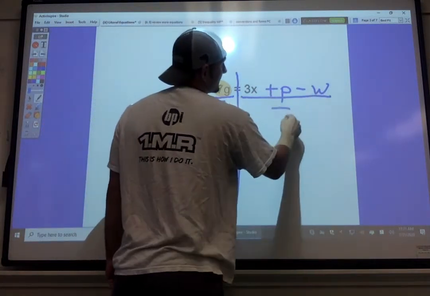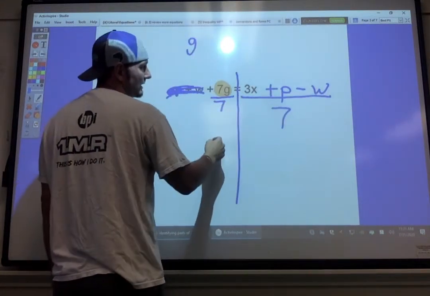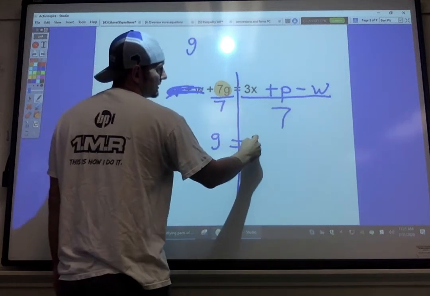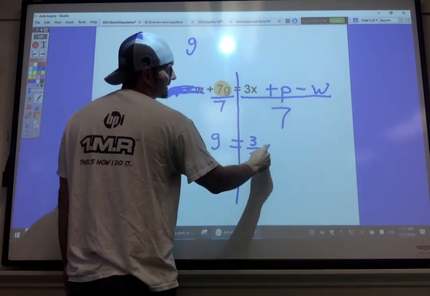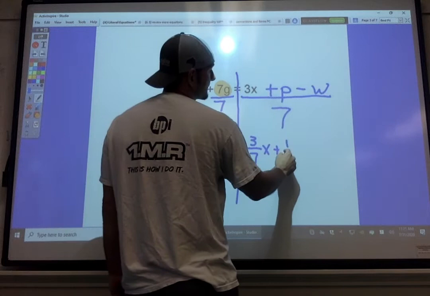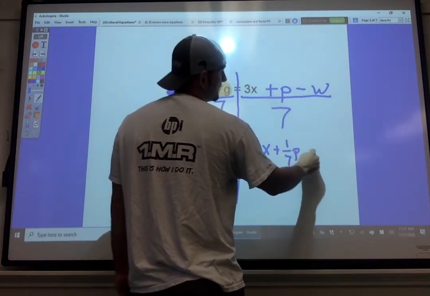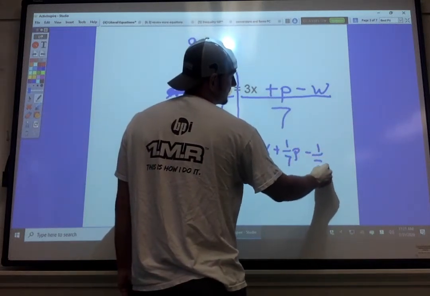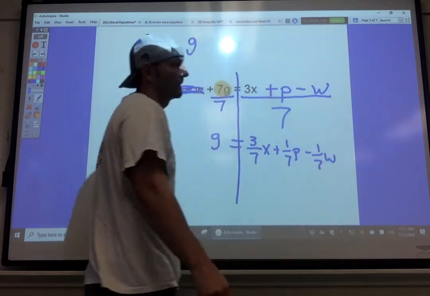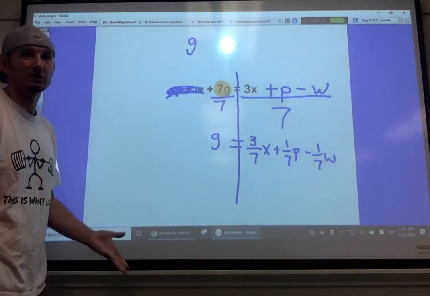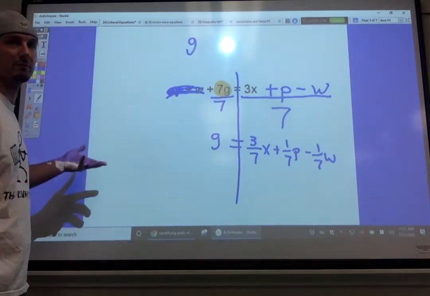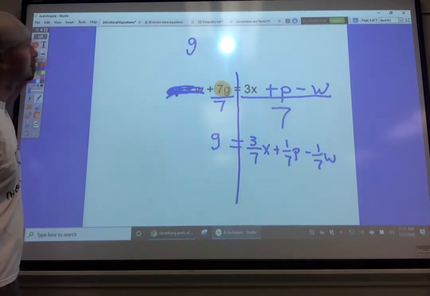You can divide everything by 7. Leave that as your answer. Or you can say 3/7 x plus 1/7 p minus 1/7 w. Either way works. You just have to be savvy and know which one is the right answer on your test.